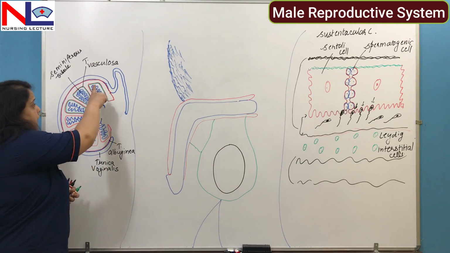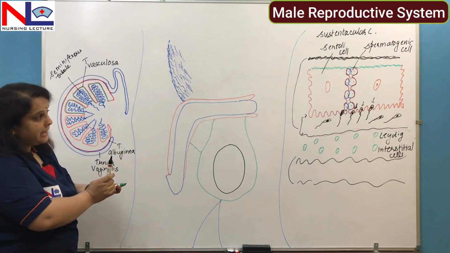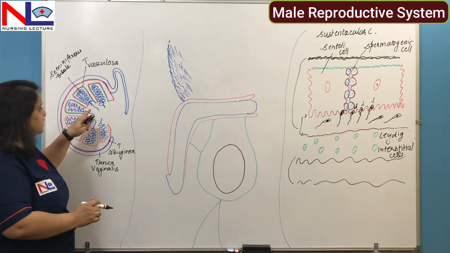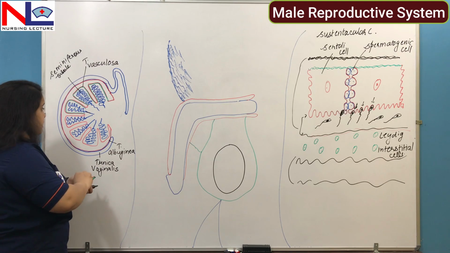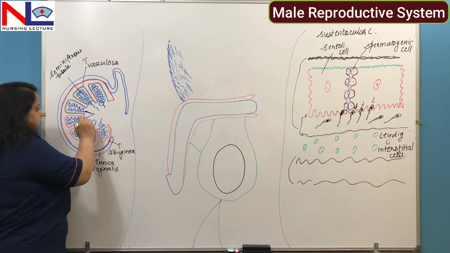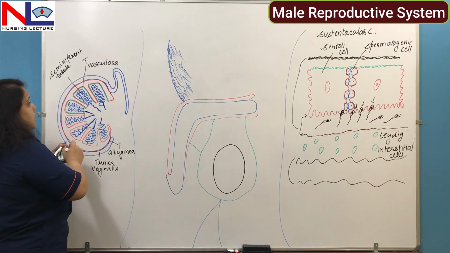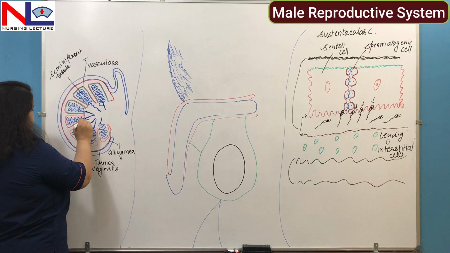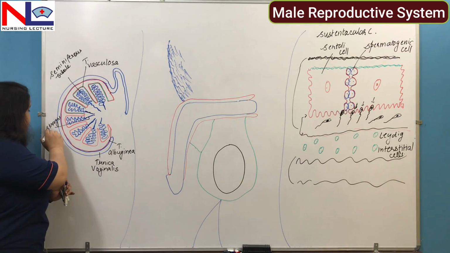Okay, after the seminiferous tubule, what happens? As the sperms form there, they move through the seminiferous tubules and come here. After the seminiferous tubule, the sperm comes into this tubule, which is called the straight tubule.